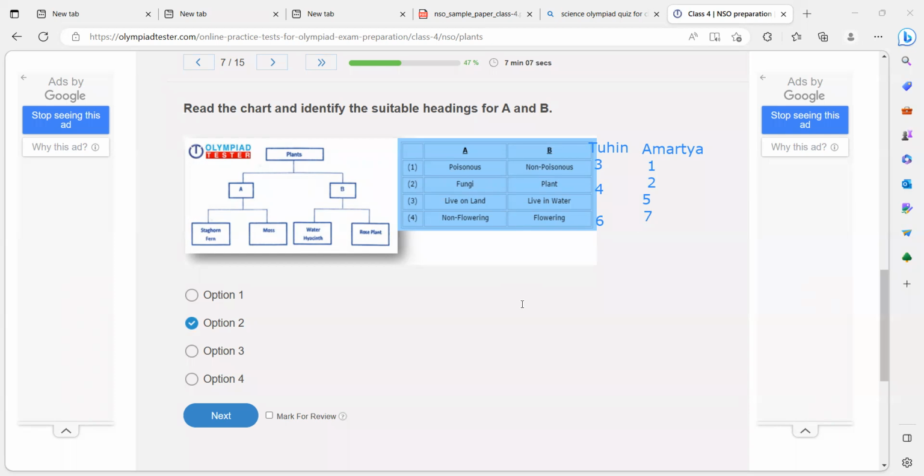What happens if a snake bites someone? You wanted to know whether staghorn fern and moss are poisonous or not. Is this your question, Udit? Yes, ma'am. Okay. Staghorn fern, they are not poisonous, beta.